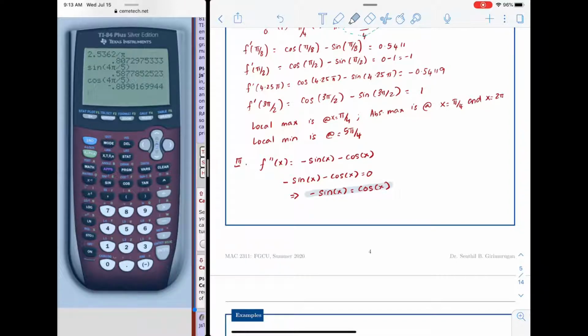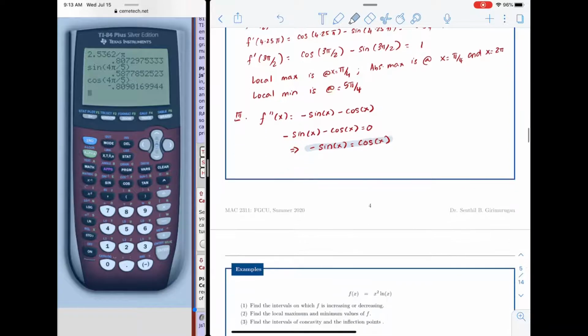So how do we find the value? Let's go back here.